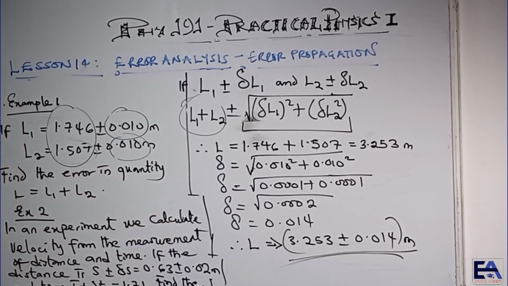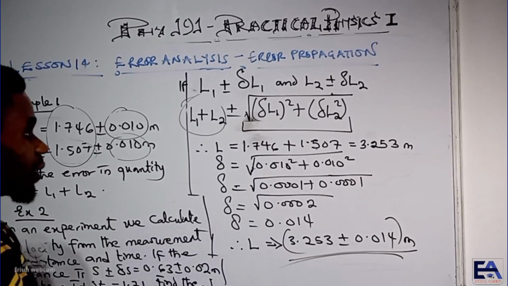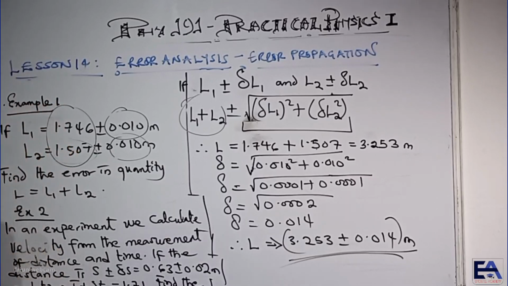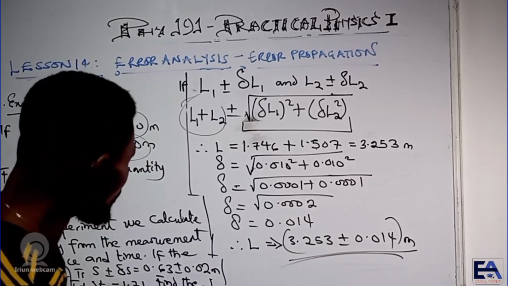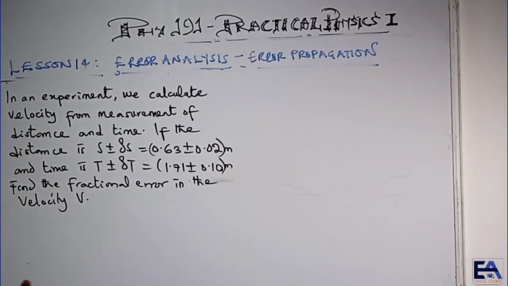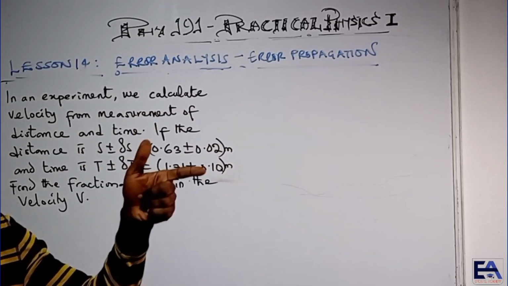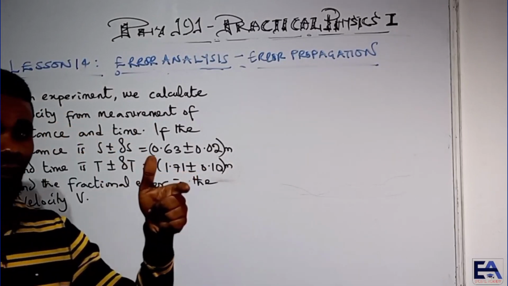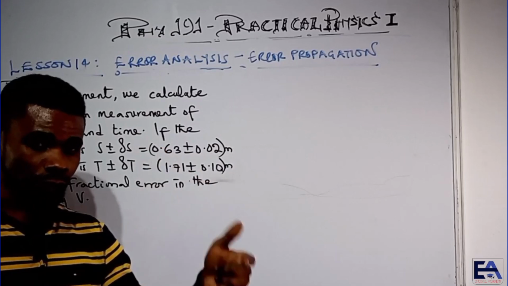The case for multiplication or division is different. All right. So in that case, you are going to apply the one for the product rule and all that. So let's quickly go to that. We want to calculate the fractional error. The first one that we did was the one for addition and subtraction.